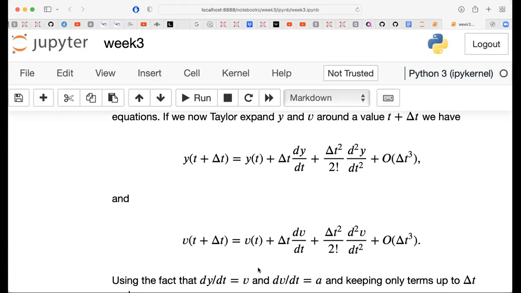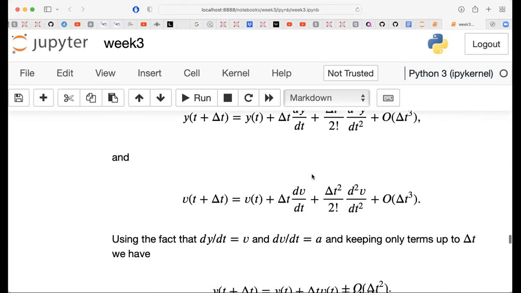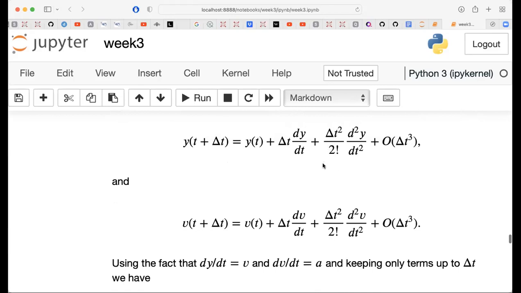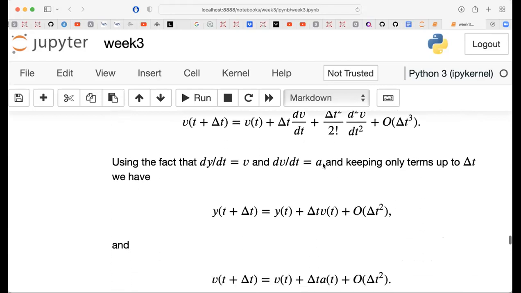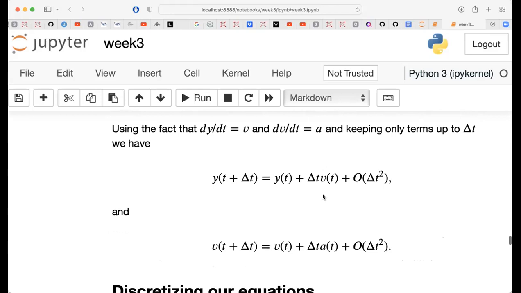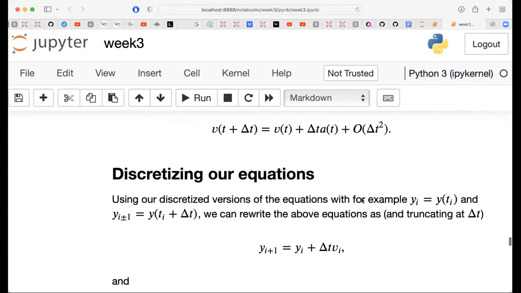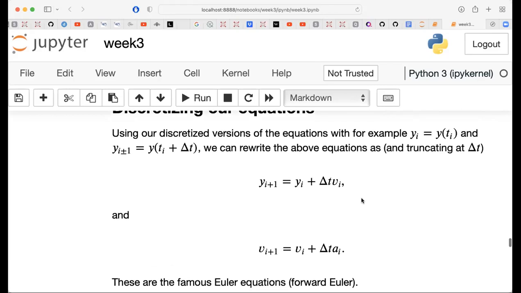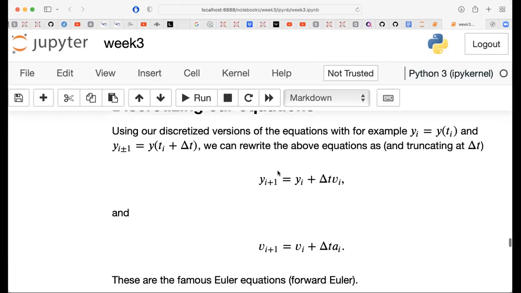So when we did this Taylor expansion, we skipped all terms which go like delta t squared. And then we ended up with something which looks like this. So this will be the position in the next time step, the previous time step, and we start with the first time step, t0, where we know the solution.